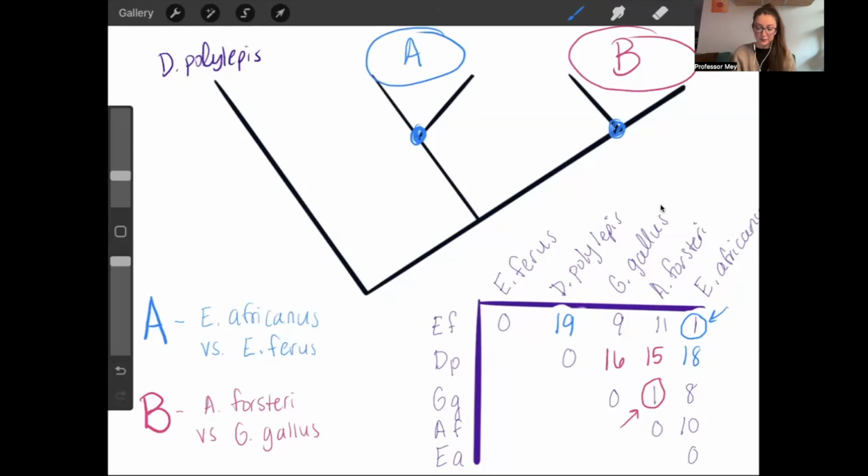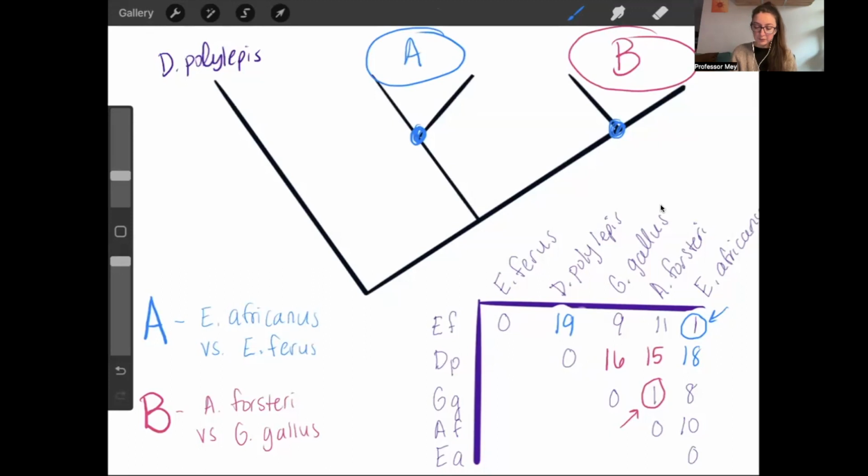I highlighted each of the ones that we are interested in making these comparisons. If you look at D. polylepis versus E. ferris, which is in blue, and E. africanus, which is in blue, that's 19 and 18, versus A. forsteri and G. gallus, which is 15 and 16.